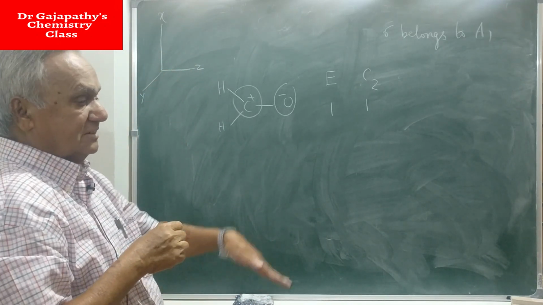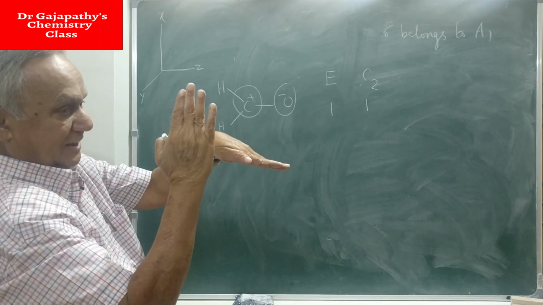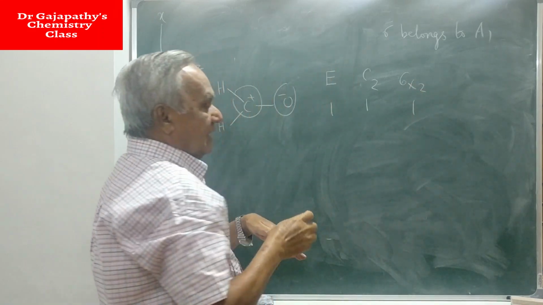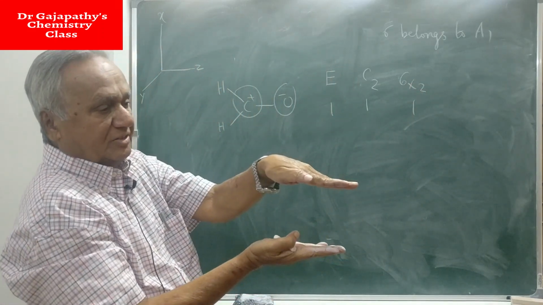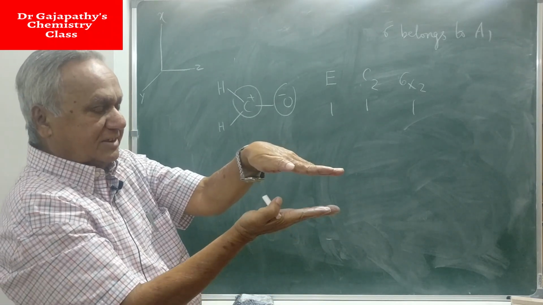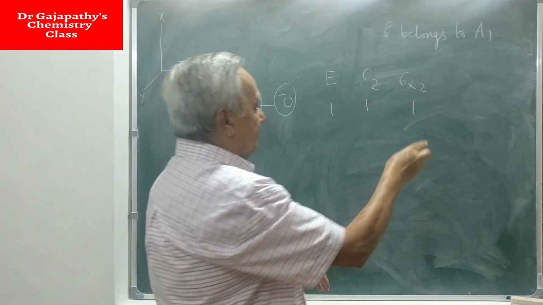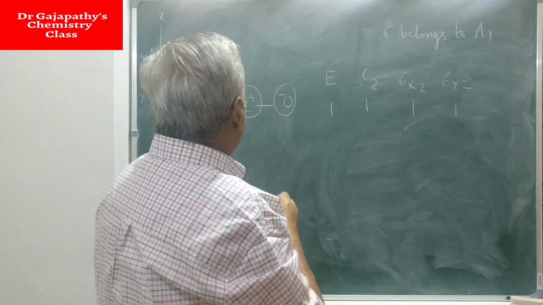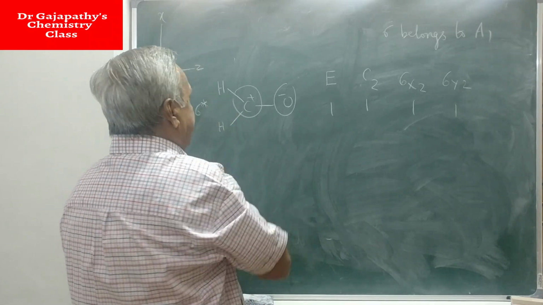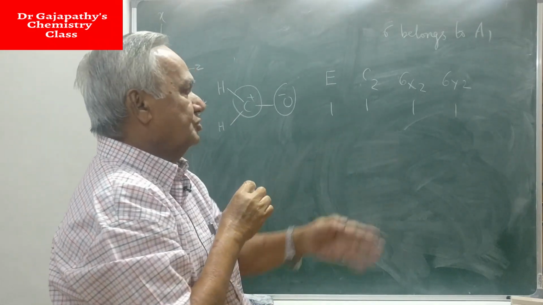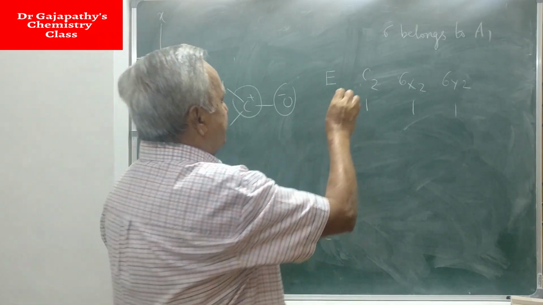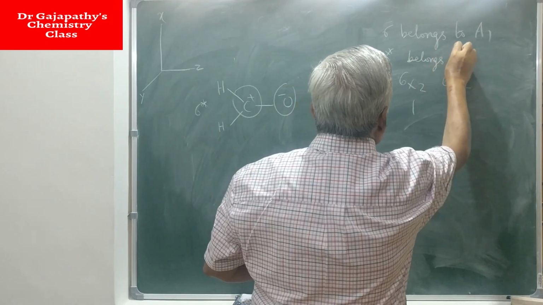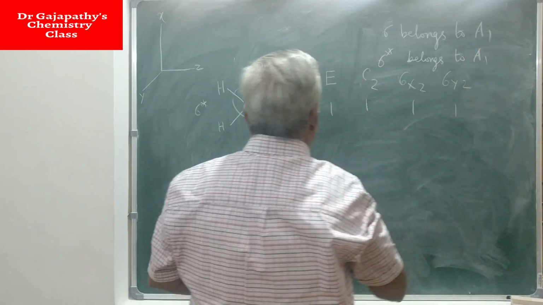Sigma xz. I reflect in this plane. Nothing happens. And sigma yz. I reflect in this plane. This is the molecular plane, and the same thing, yz plane. Nothing happens. So sigma star, the anti-bonding sigma orbital, also belongs to the A1 type. So sigma star belongs to A1.